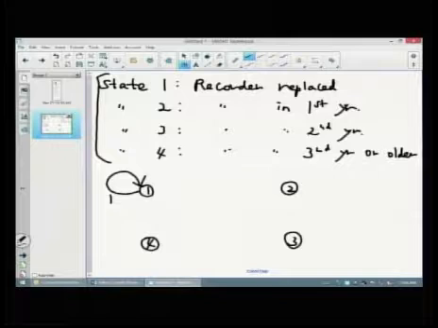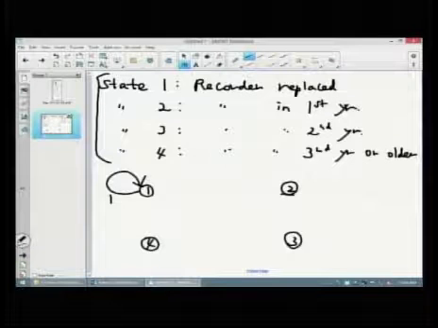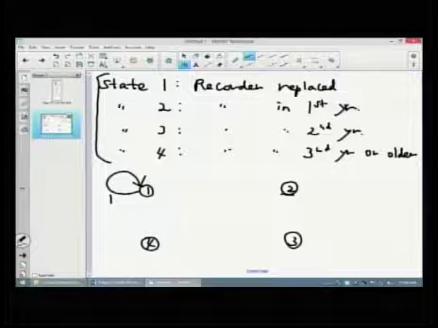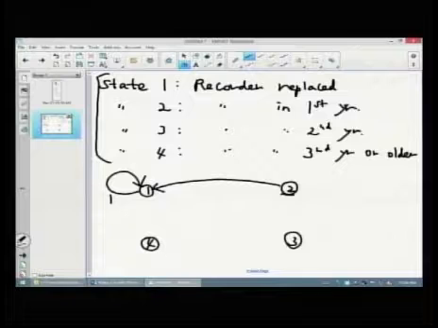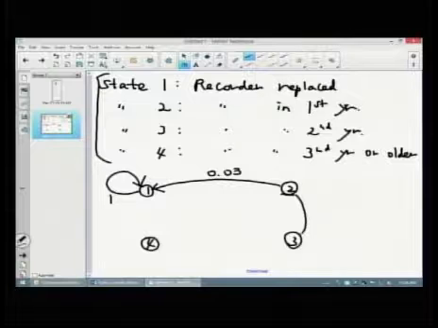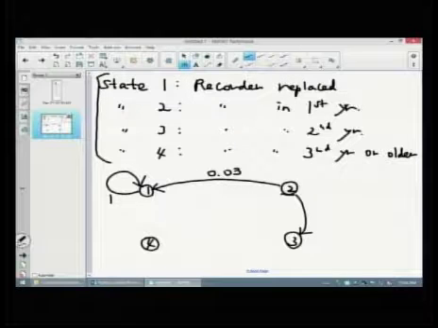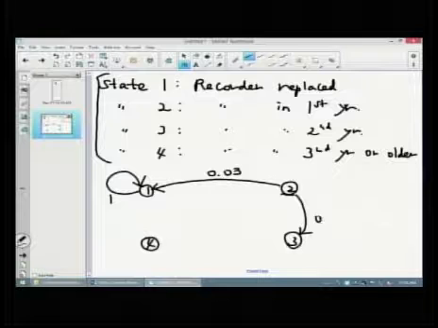How about starting from state number 2? What transitions do we have? It will be replaced with 3% chance, right? Unless otherwise, it survives, so 97% chance.